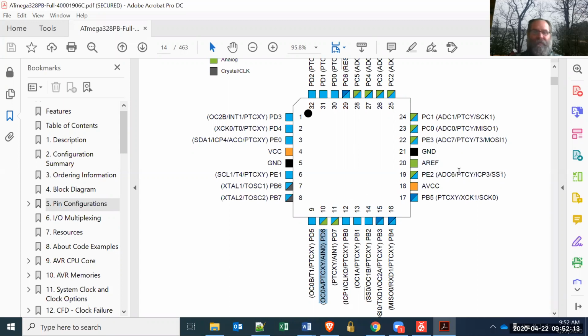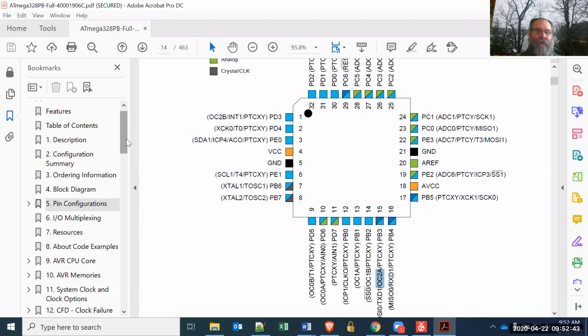So if I look at B1, note that D6 is OC0A, B1 is OC1A, output compare 1A, and the blue is on B3, which is incidentally OC2A. That is not coincidence.